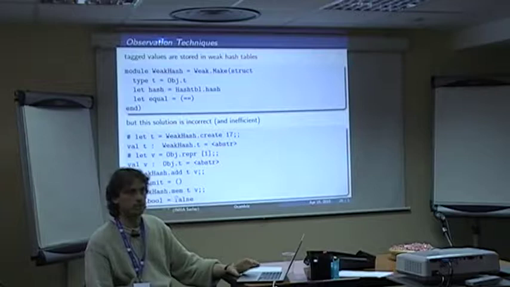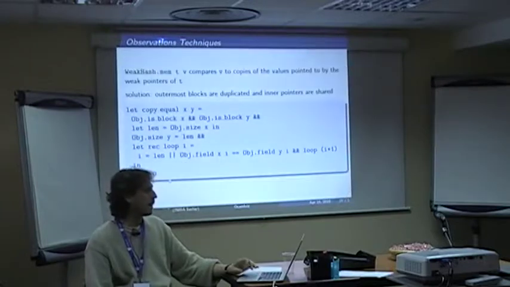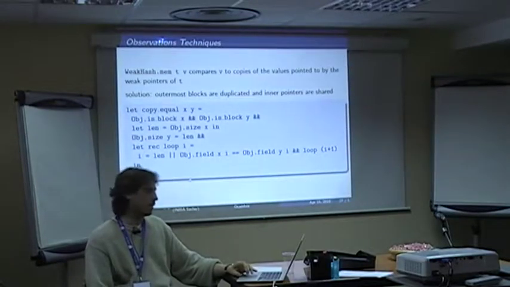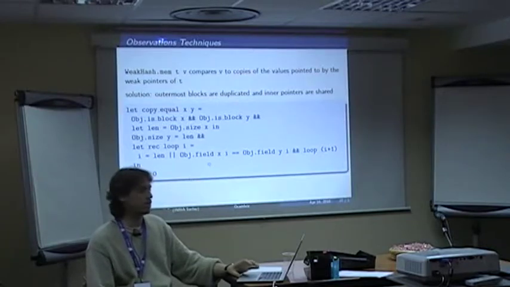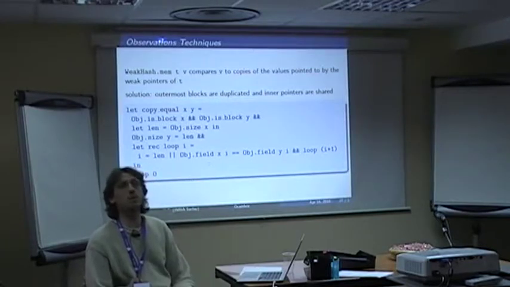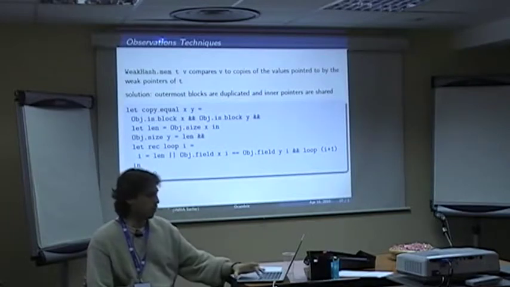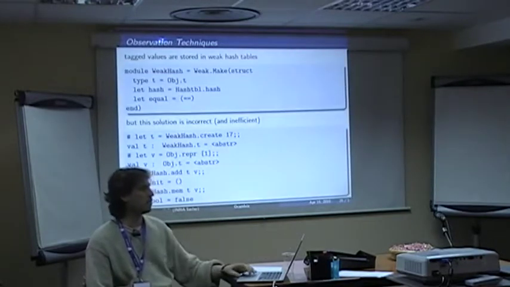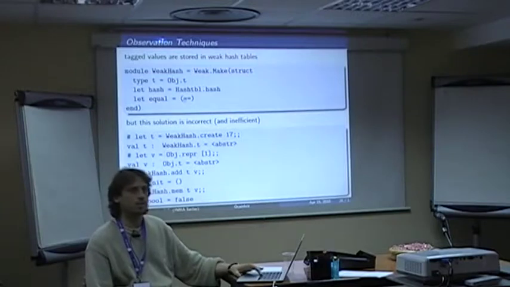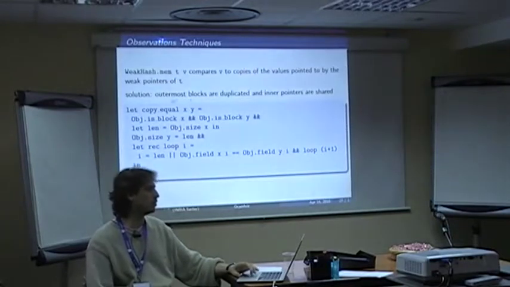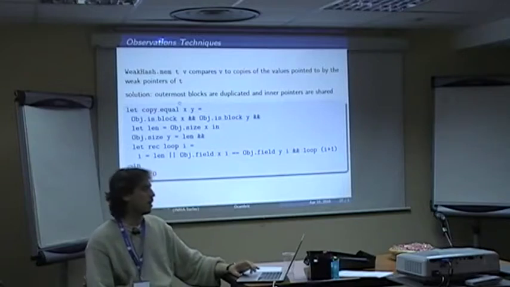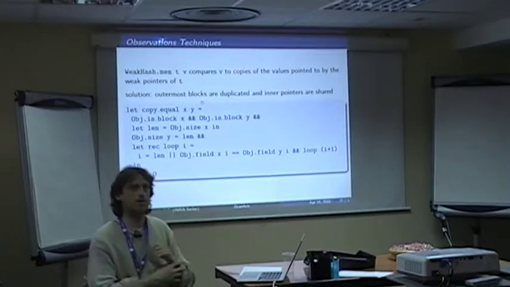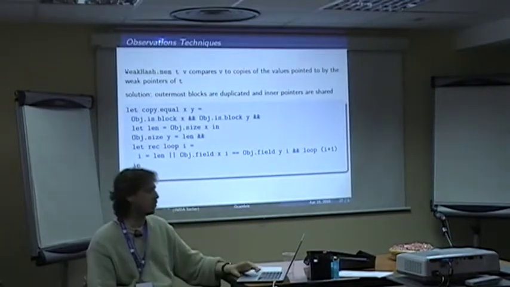So that does not work. Actually, the problem is that the function mem compares copies of the values which are pointed to by weak pointers. So using this physical equality function will not work. So our solution was to duplicate the outermost block of the values and to share the inner pointers.